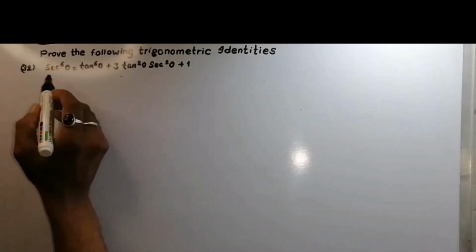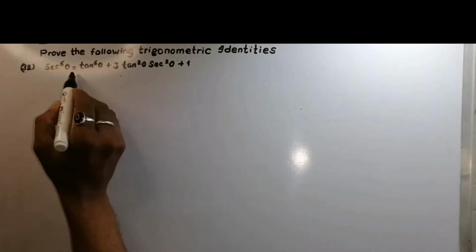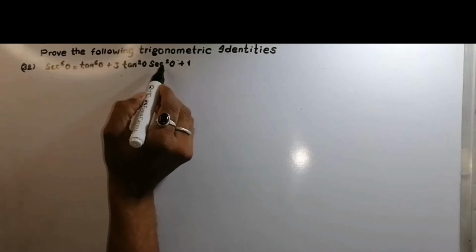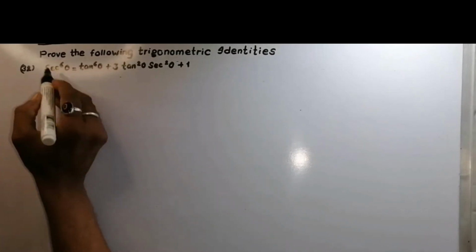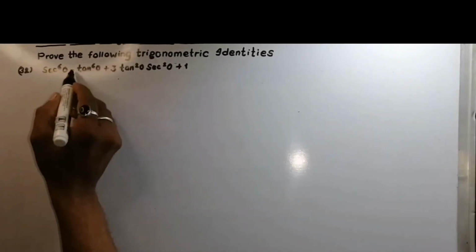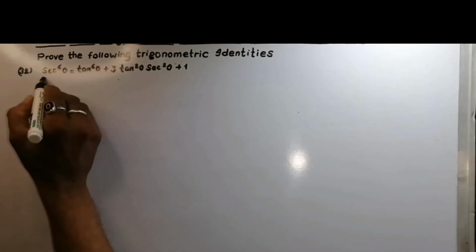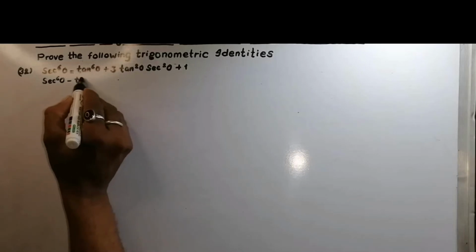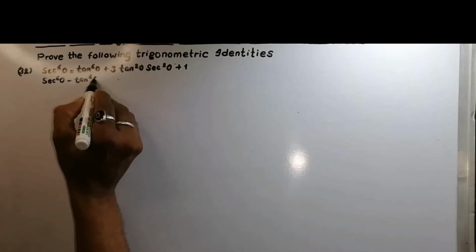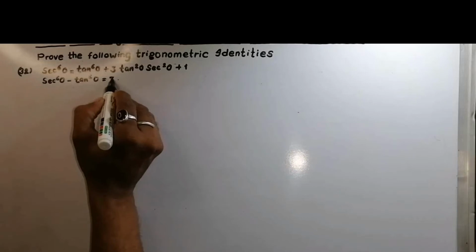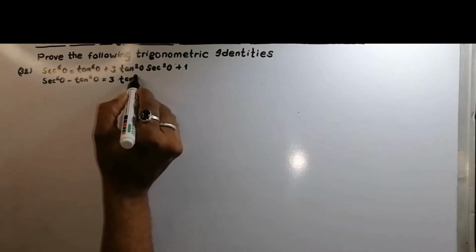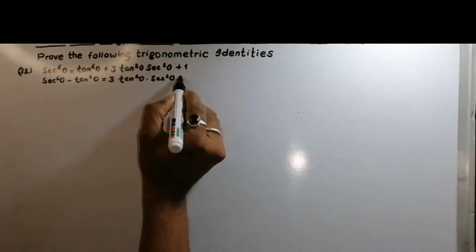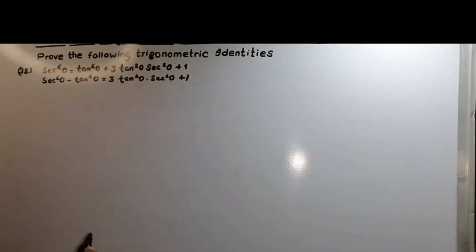In question number 32, sec 6 theta equal to tan 6 theta plus 3 tan square theta sec square theta plus 1. If we interchange tan 6 theta from the right hand side to the left hand side, it becomes sec 6 theta minus tan 6 theta equal to 3 tan square theta into sec square theta plus 1.